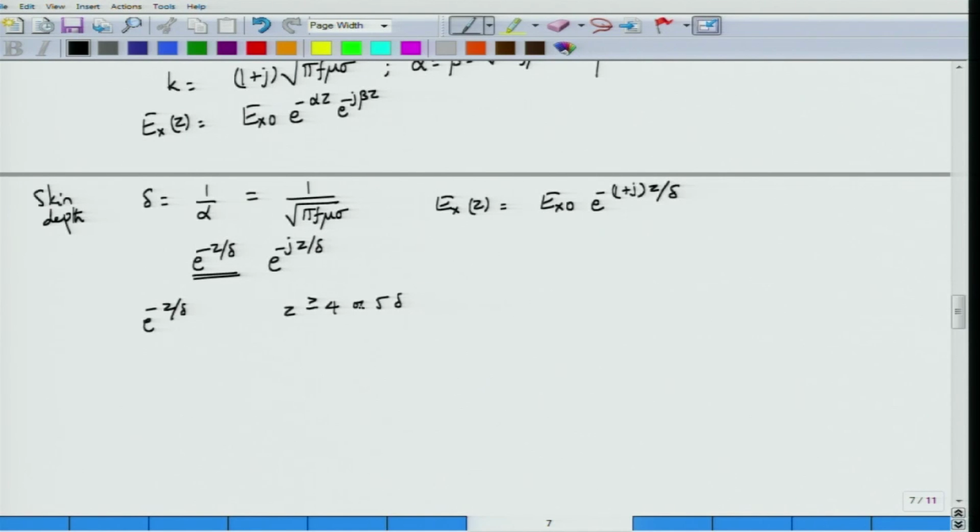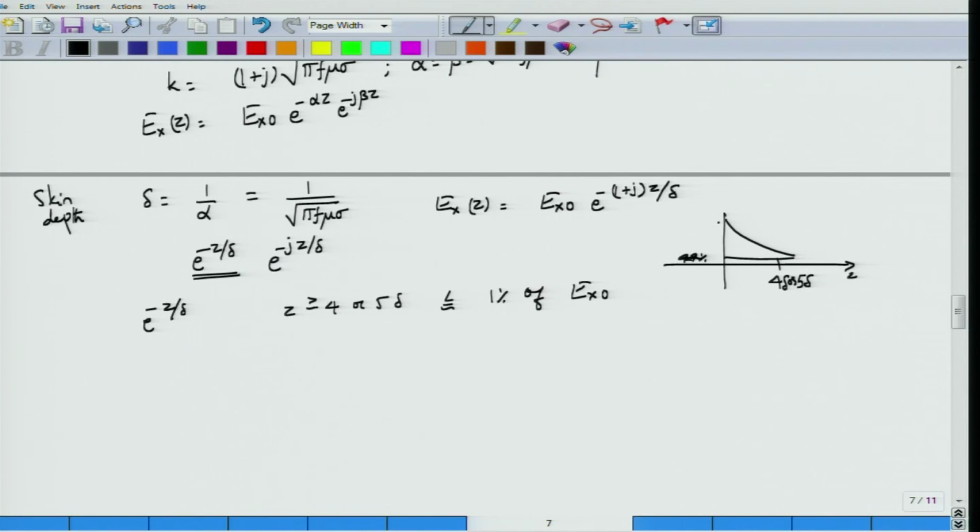if z becomes greater than 4 or 5 delta, that is, as the wave propagates for more than 4 or 5 delta, then the amplitude would have decayed by 99% of Ex0. So this is how the amplitude would have decayed. At 4 delta or 5 delta along z, the amplitude would have decayed by 99%, which means the value at this point would only be about 1% of Ex of 0.